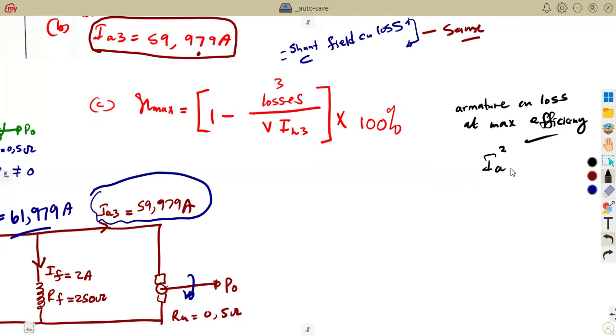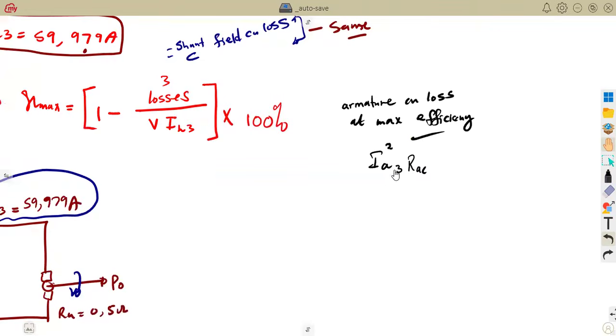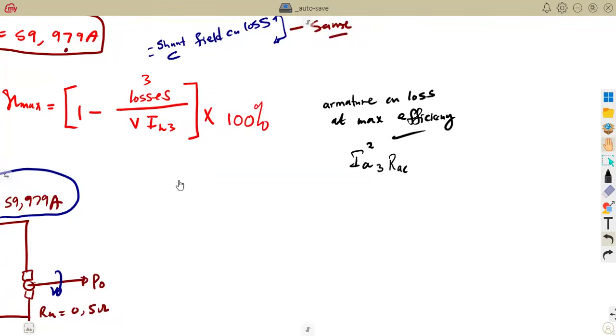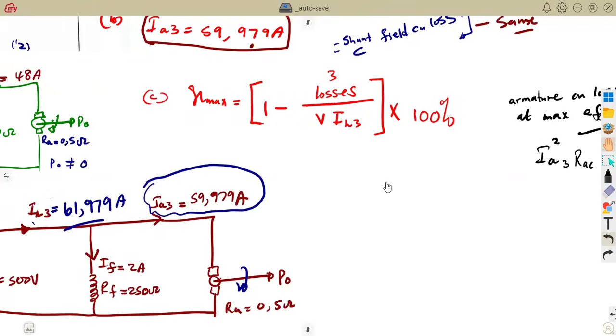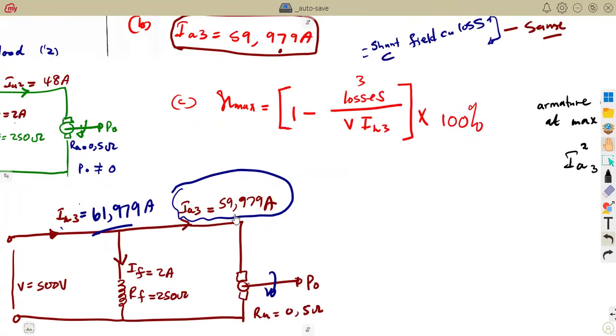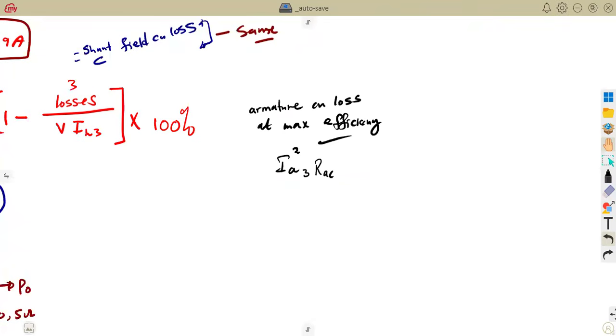Like I said, guys, we're just going to hope it will end well. Let us just substitute our values. This is our armature current at maximum efficiency, and its resistance is also there, which is 0.5.